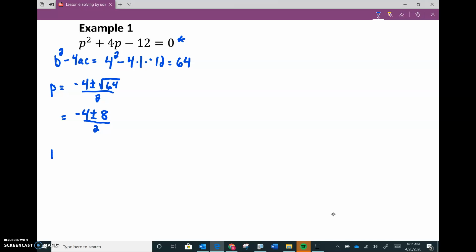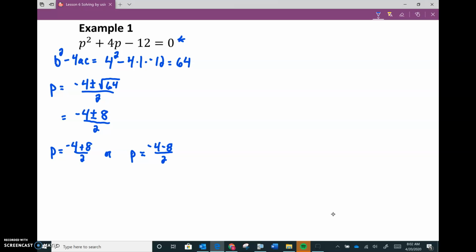So whenever this is a perfect square, I want you to write both answers. One answer is going to be negative 4 plus 8 over 2, and the other answer is going to be negative 4 minus 8 over 2, and then simplify these as much as you can.